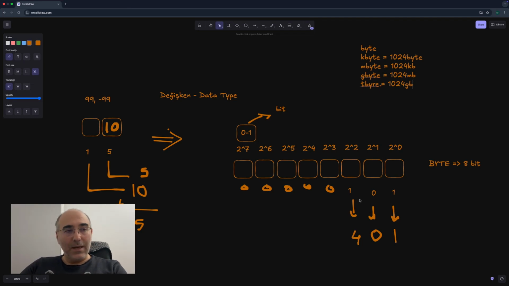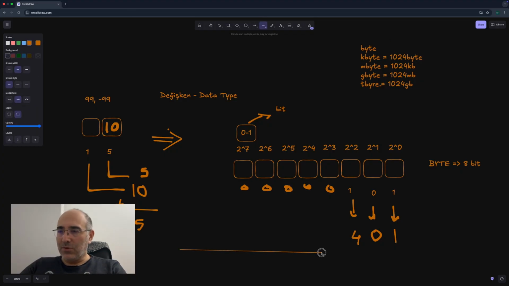Let's talk about that negative 128 to positive 127 range. What's the logic there? Guys, the logic there is very simple. Look, now. Let me do it like this. This is the 0 point.